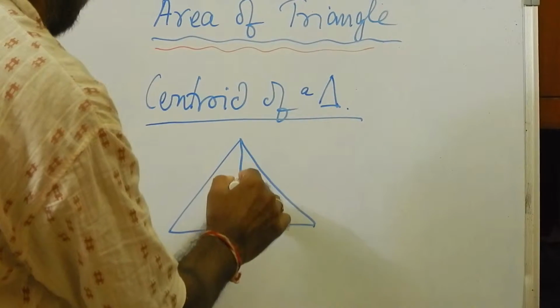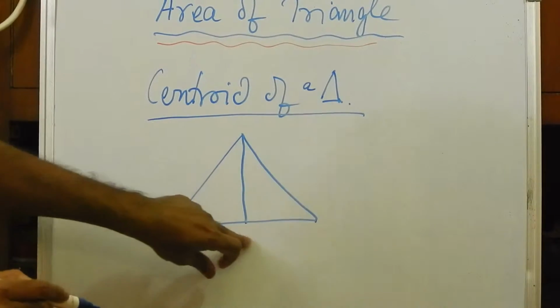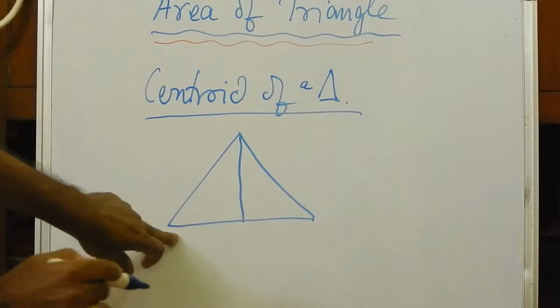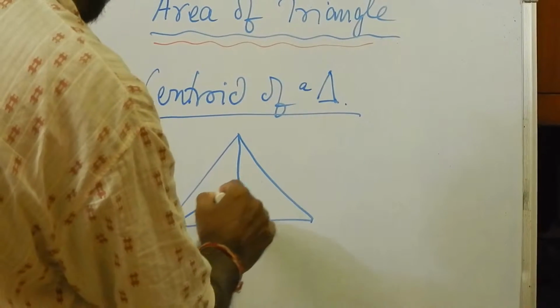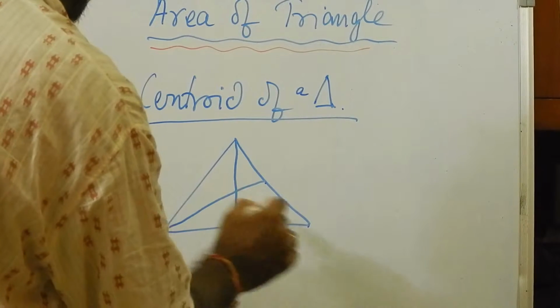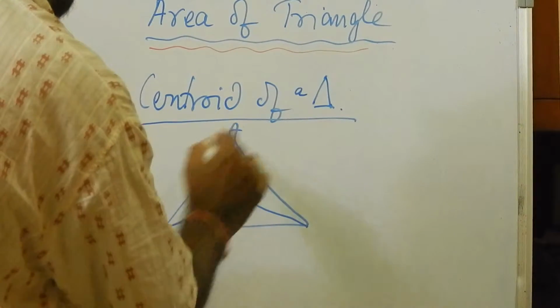A line joining the vertex and the midpoint of the opposite side. That is called a median. As there are 3 sides in a triangle, there would be 3 medians.